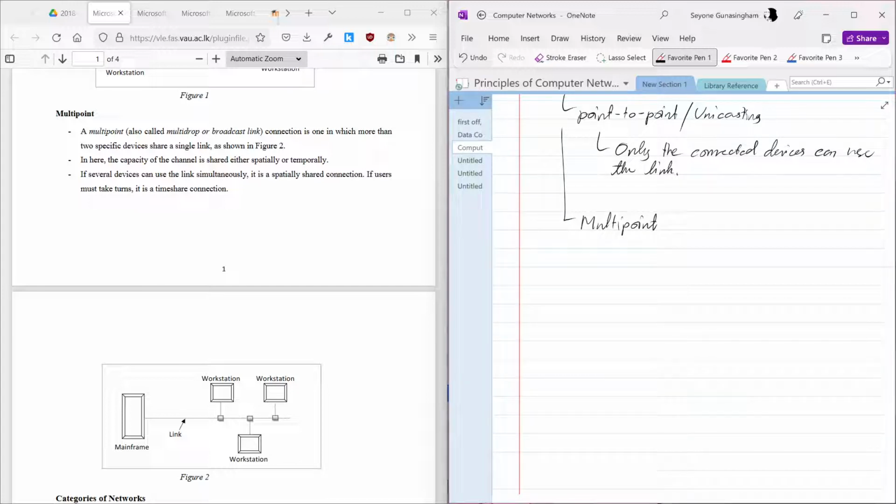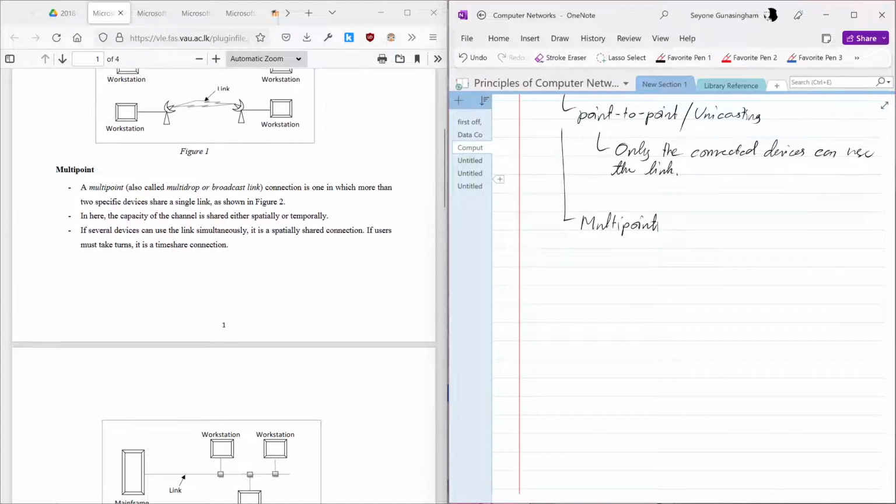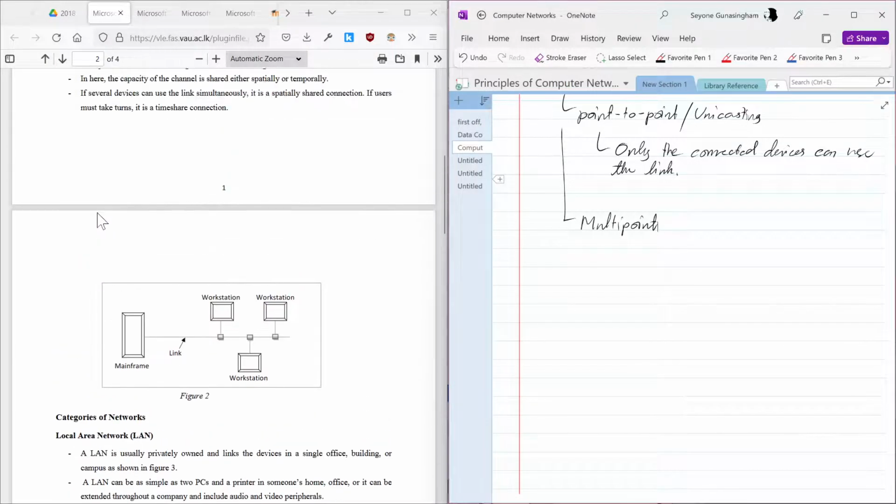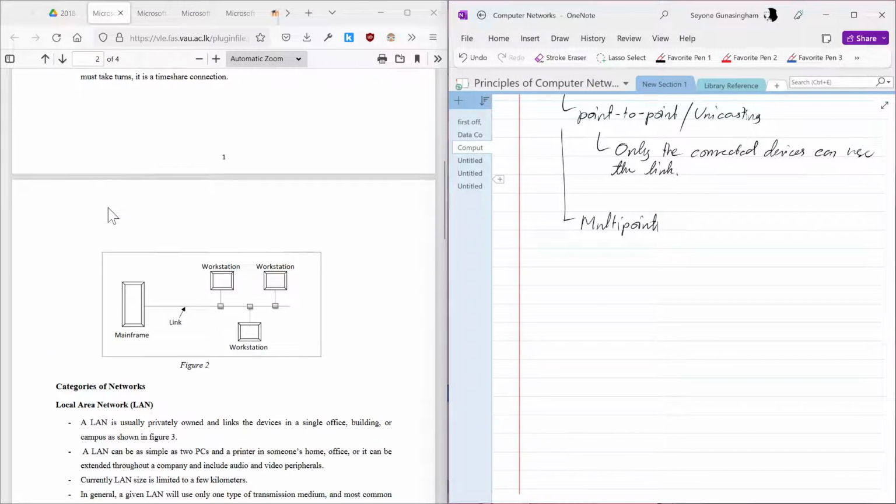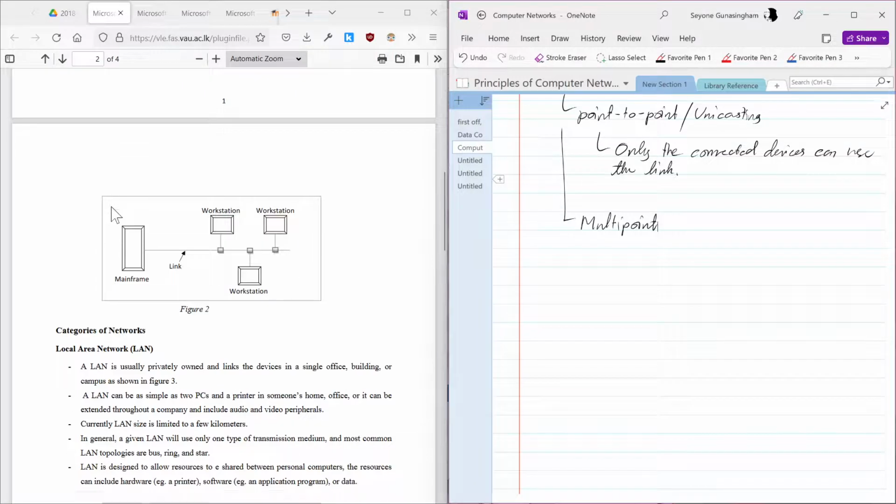Multi-point connection is basically everything harder than just connecting your headphones up to your phone, right? Anything more complicated than that is a multi-point connection. Imagine, say, the university computer network. You got a server and you got multiple host devices and you got all those things connected to each other.